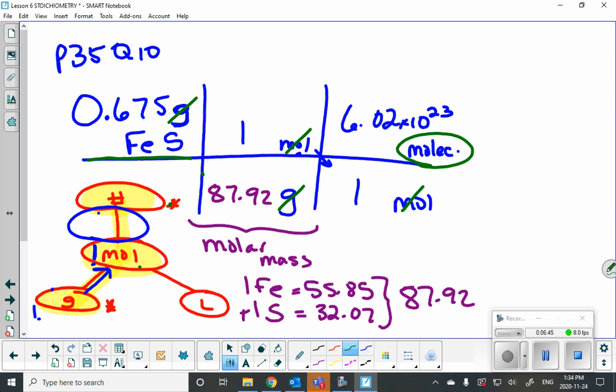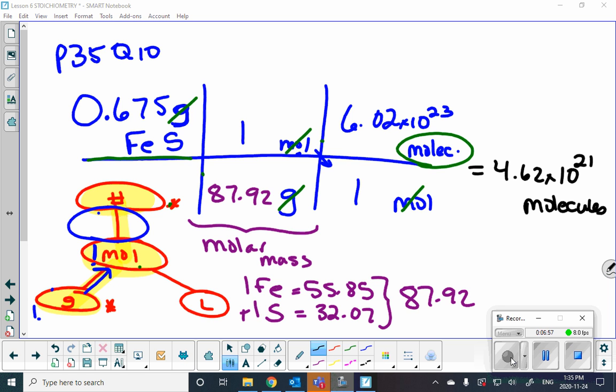And then the next number's on the top of the line, so you say times by, and you enter 6.02 EXP 23. Make sure you use that EXP button. So we'll get 4.62 times 10 to the power of 21 molecules. And I know I've done this right because grams is canceled, moles is canceled, and the only units I had left were molecules.